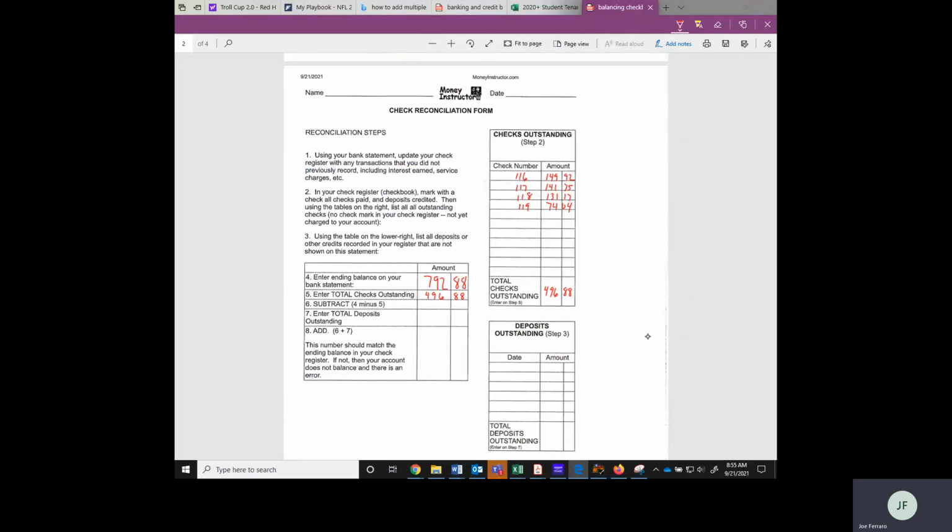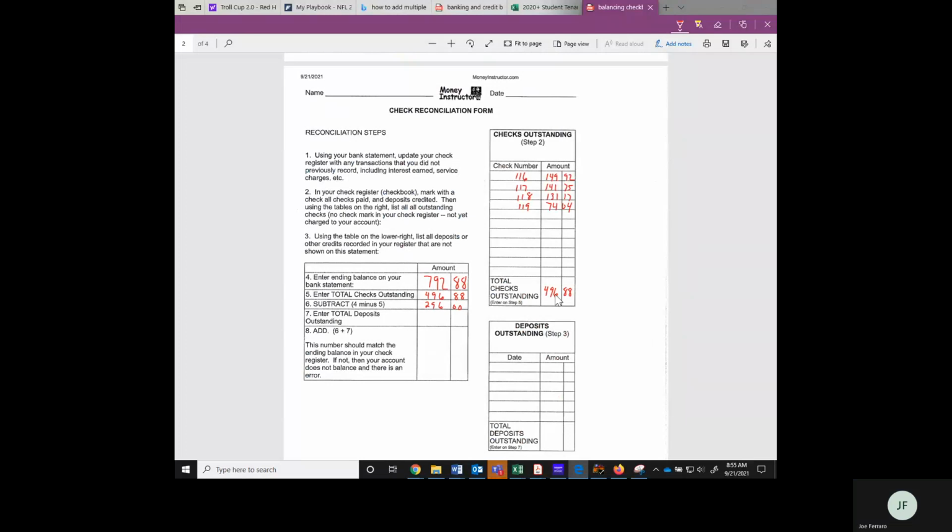Then it says subtract 4 minus 5, meaning this 4 minus this 5. You subtract, you get $296. Then it says enter total deposits outstanding.